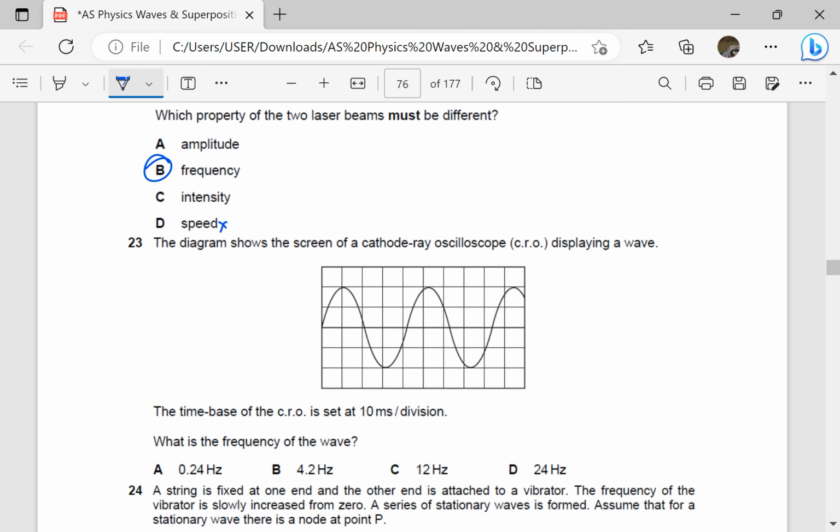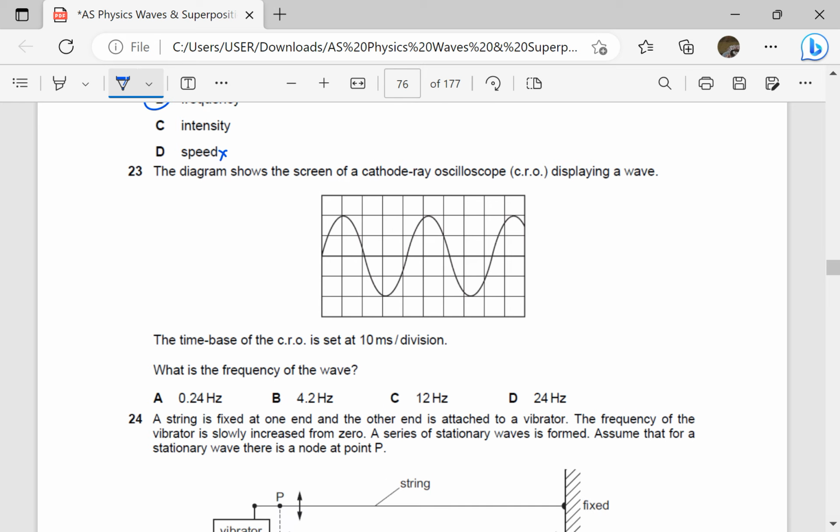The diagram shows the screen of a CRO displaying a wave. The time base of the CRO is set to 10 milliseconds per division. What's the frequency of the wave? So the time base 1, 2, 3, 4, 5, 6.